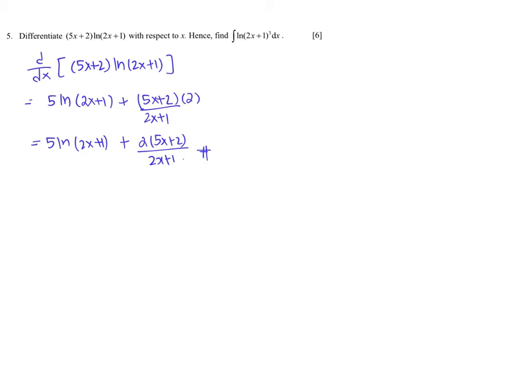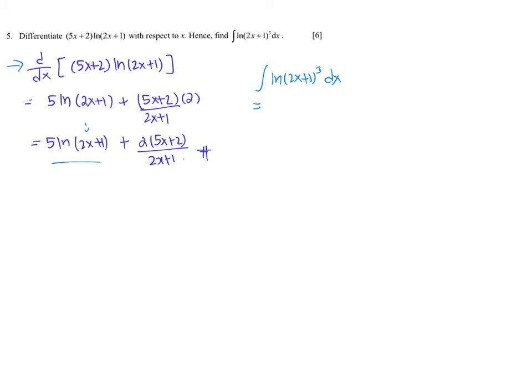So we see in the second part of the question, we are supposed to integrate ln 2x plus 1 to the power of 3 dx. Alright, we see here that in our final result, we do not have ln 2x plus 1 to the power of 3, but we do have ln bracket 2x plus 1, yeah? So that's the approach that we want to do when we integrate both sides of this equation here.